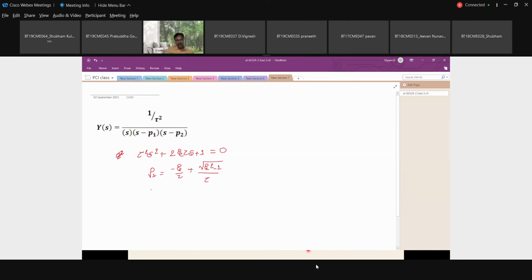Similarly, P2 will be minus psi by tau minus under root psi square minus 1 by tau. So this will be a very simple format of our P1 and P2.